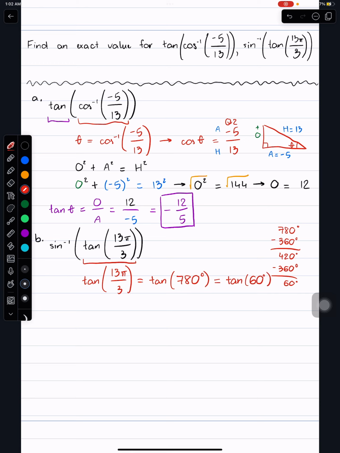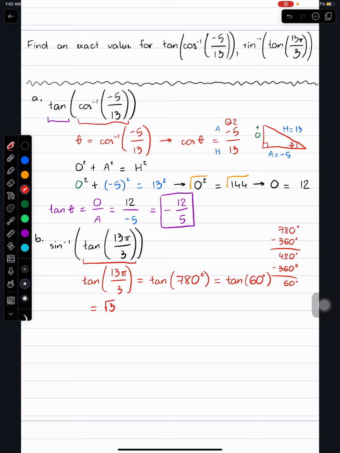At this step, if you use a unit circle, you're going to get the x and y values, or the cosine and sine values of the angle 60, and then tangent is sine divided by cosine. Or you can put tangent of 60 degrees into the calculator. Make sure that your calculator is in degree mode, and then you will have it equal to square root of 3.